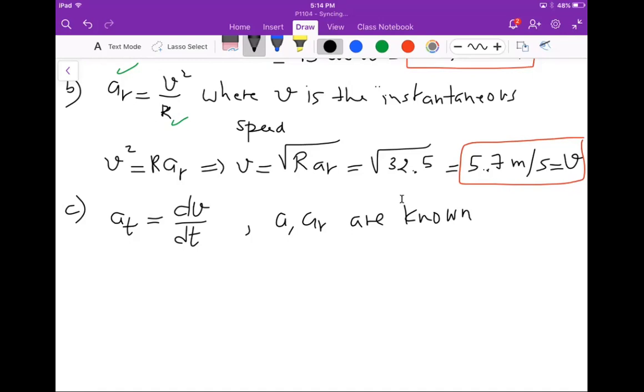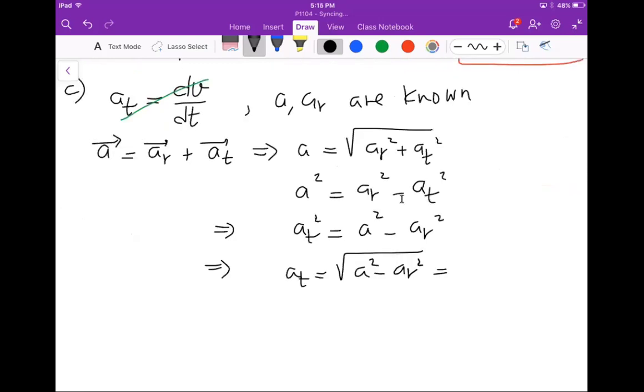And so we can deduce that a tangential is the square root of this expression, the square root of 15 squared minus 13 squared, and that gives the value of 7.5 meters per second squared. So that is the tangential acceleration that we were looking for.